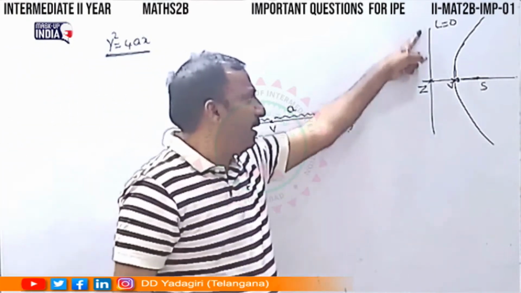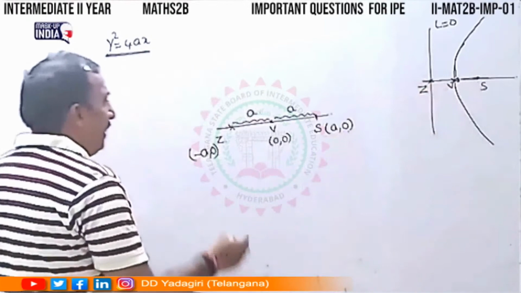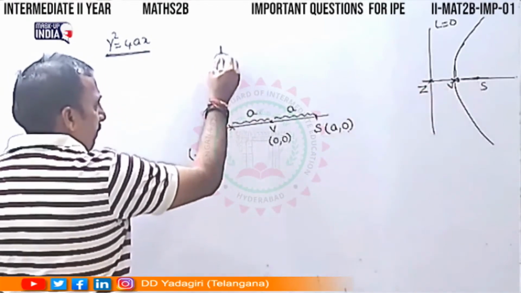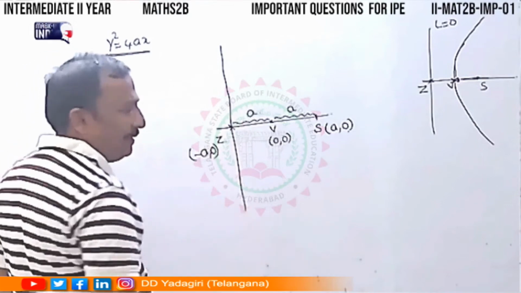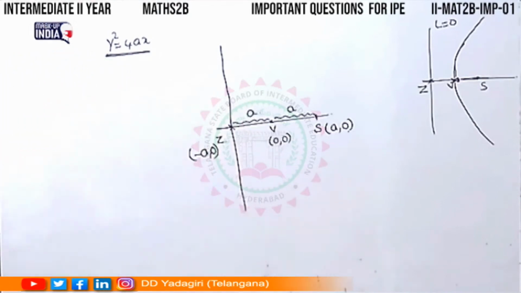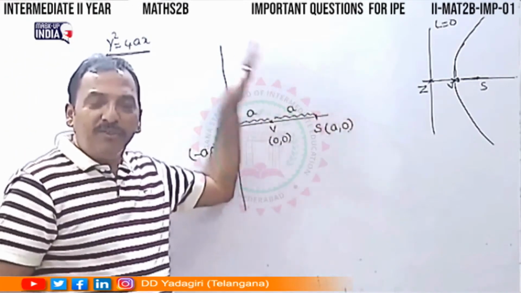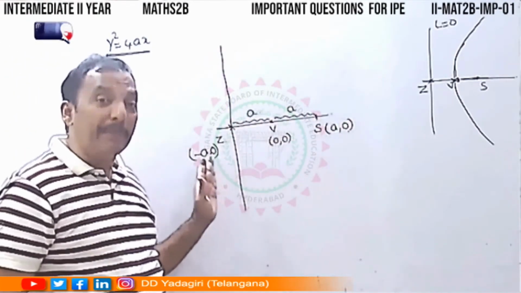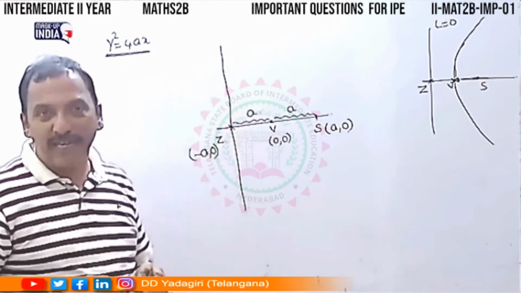The directrix is perpendicular to the axis and passing through Z. We assumed the axis to be the x-axis, so the directrix is perpendicular to the x-axis, which means parallel to the y-axis.